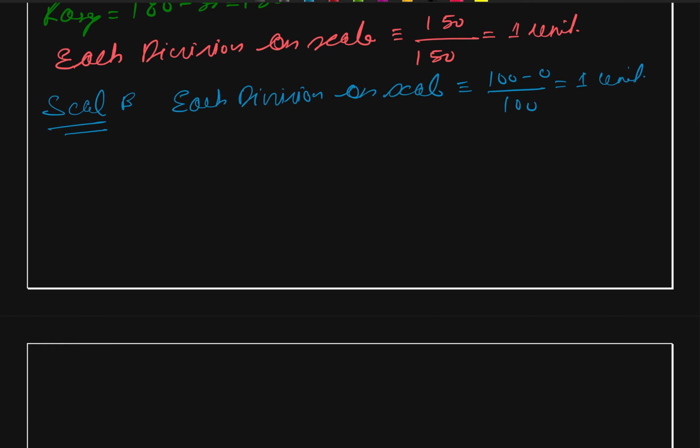So let us relate it to a standard scale, which is degree centigrade in this particular case.